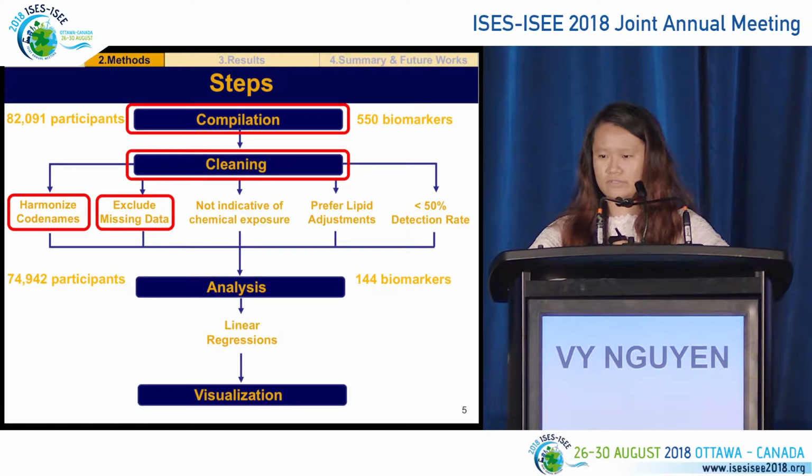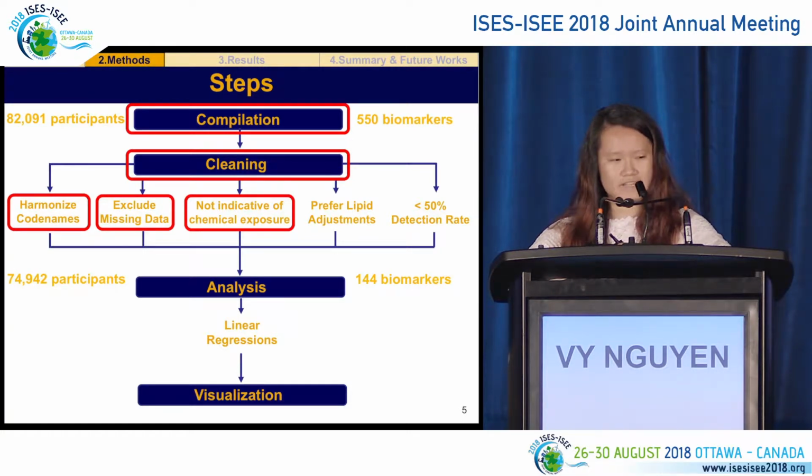We had to exclude about 7,000 participants because they just didn't have measurements for chemicals. And then we had to exclude biomarkers that are not indicative of a chemical exposure, so biomarkers like selenium, which is indicative of dietary habits, had to be excluded because that's outside the scope of this project.